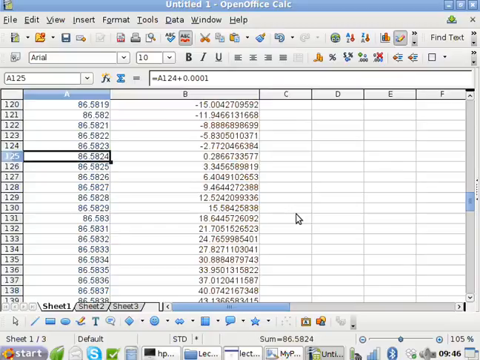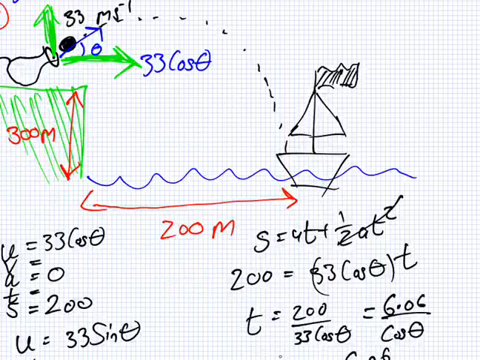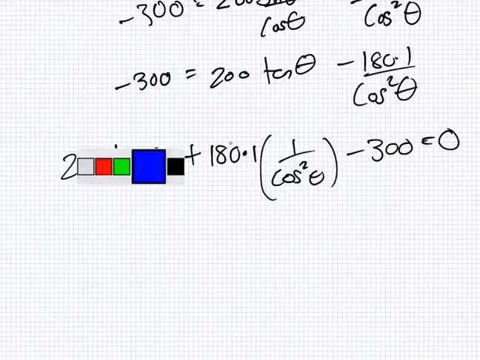So we get 200 tan theta plus 180.1 times 1 over cos squared theta minus 300 equals 0.